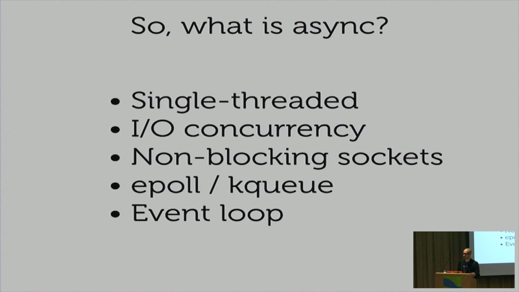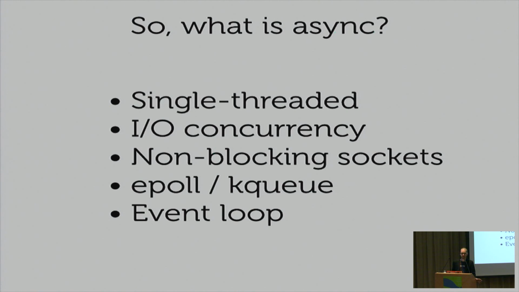And a non-blocking socket is just like a regular socket, except the framework has told the operating system that this socket will be used specially. It will be used in an asynchronous style. And the framework asks the operating system for event notifications using some platform-specific facility, like epoll, which is the Linux variant, and kqueue is what you use on Mac and BSD.